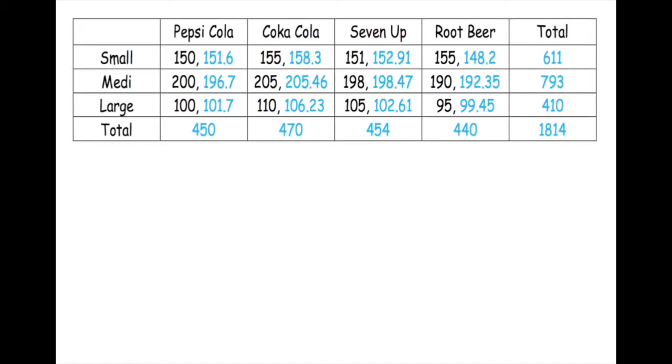This blue number for small Pepsi Cola is 450 times 611 divided by 1814, which gives 151.6. So that's where all these values come from: the total row number times total column number divided by total sample size.